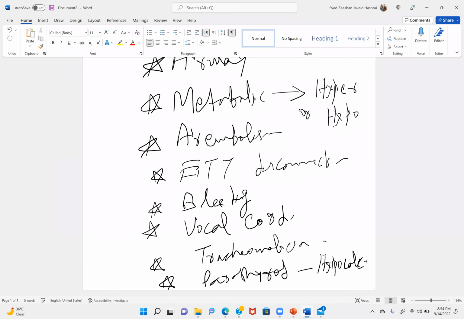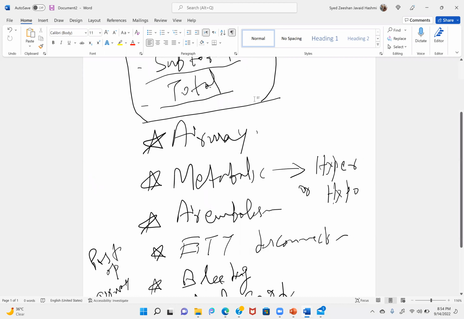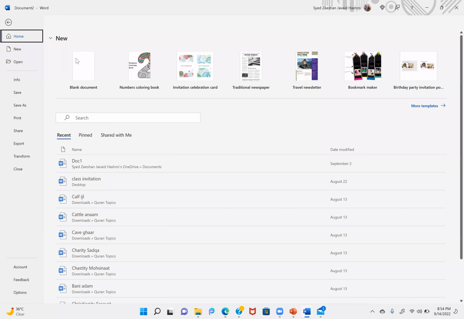Okay. And post-op airway obstruction. And acute crisis in the form of either thyroid crisis or myxedema coma. Okay. So this is just a summary of the problems.